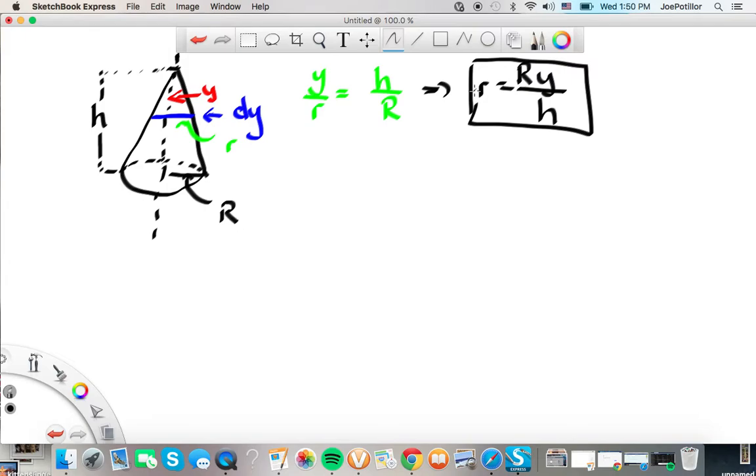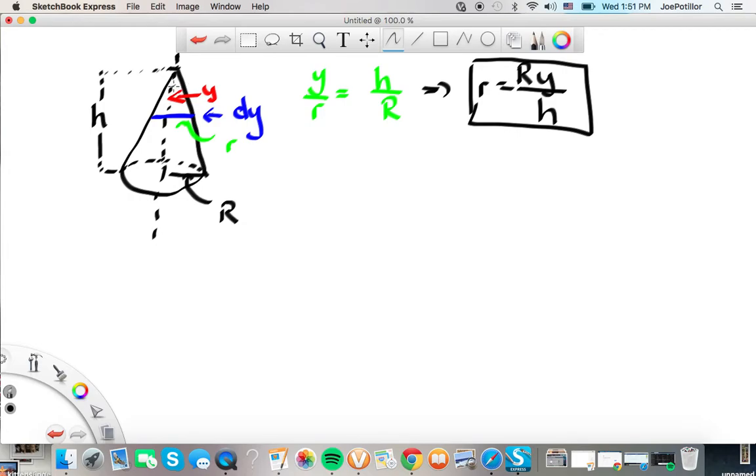Now, we want to find the volume of this particular disk here. The height is dy, and the area will be determined by pi r squared, which is the area of a circle, because it's like an imaginary disk.